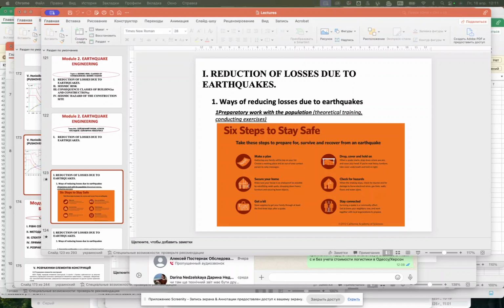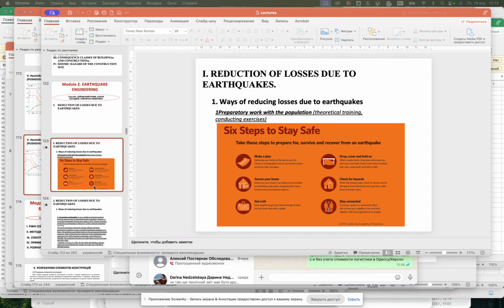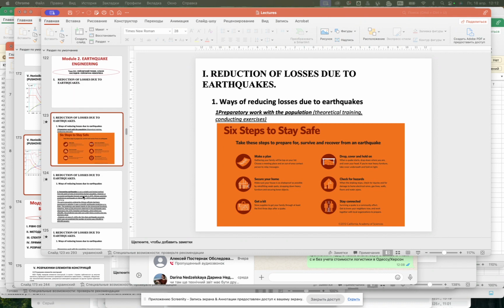So today we are still working on the second module of the seismic earthquake engineering discipline. And I will remind you of the main points, the main paragraphs that we have already discussed in the first part of our lecture. First of all, we have considered the issue: how can we reduce the losses due to the earthquakes?